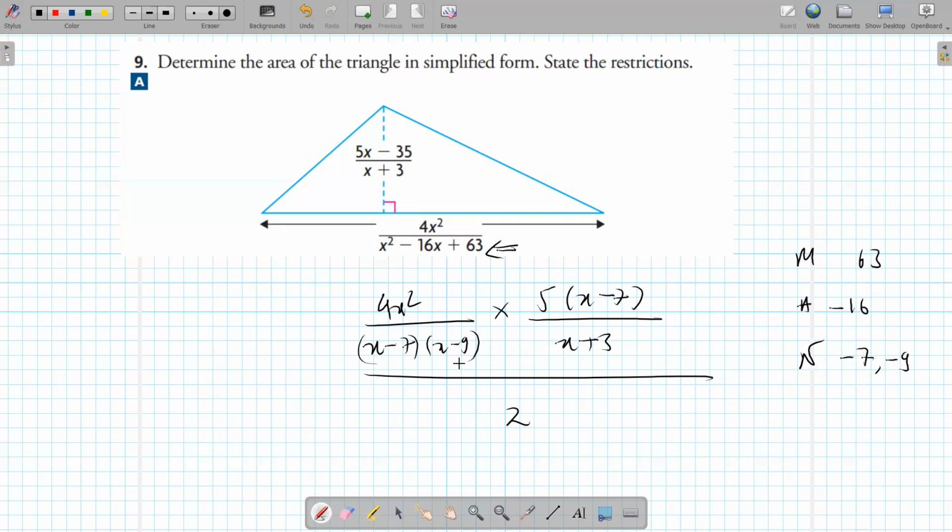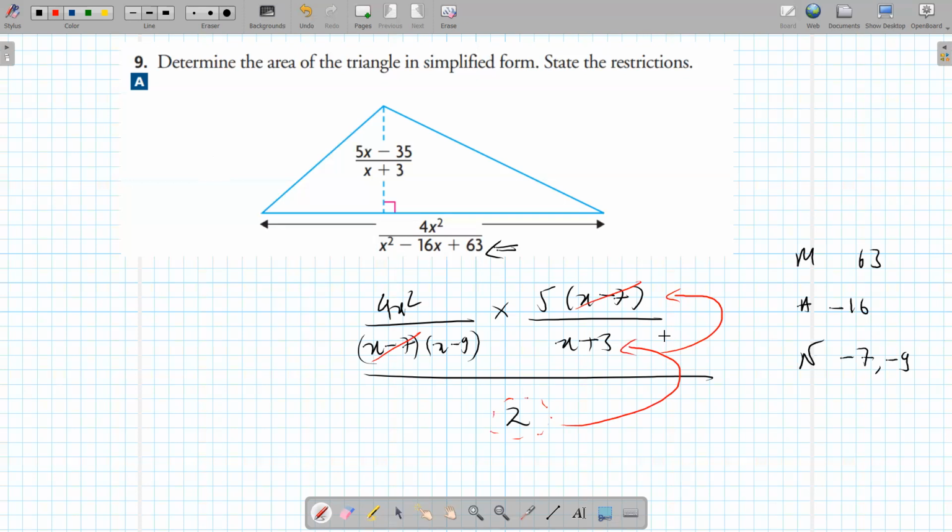Does anything cancel out? Yes, it does, right? This one and this one cancel out. So we're almost done. Where does the 2 go? Does it go to the second level or does it go to the top?